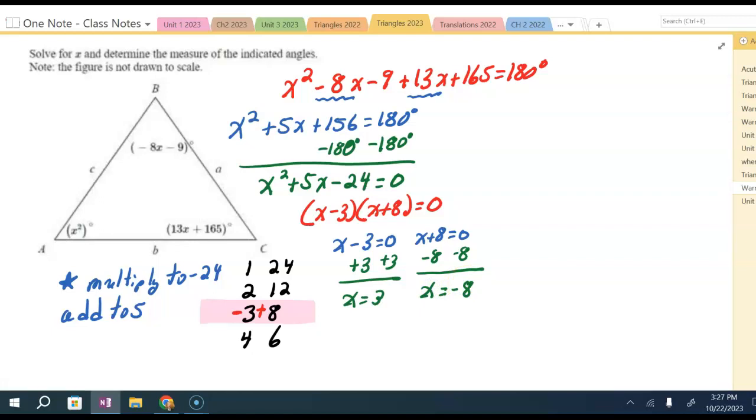Now remember, angles must be positive. So if I were to look at this x being 3, and I were to plug it in for angle B, -8 times 3 minus 9 will give me a -33. But angles must be positive.